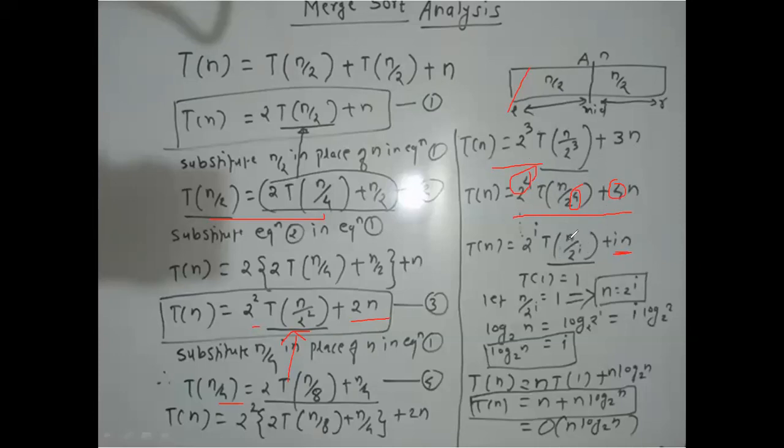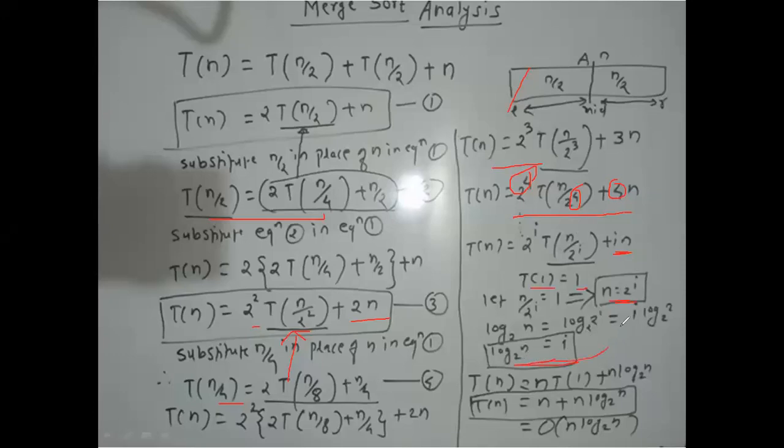Just replace n with 2 power i, then T of 2 power i by 2 power i is T of 1, which equals 1. So I am taking n equal to 2 power i. Taking log on both sides, I get i equal to log n to base 2.